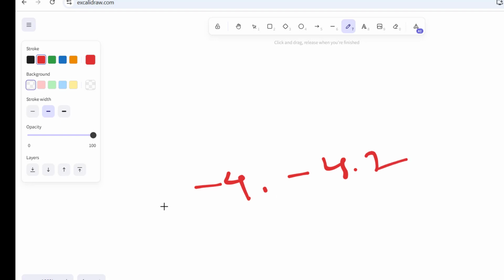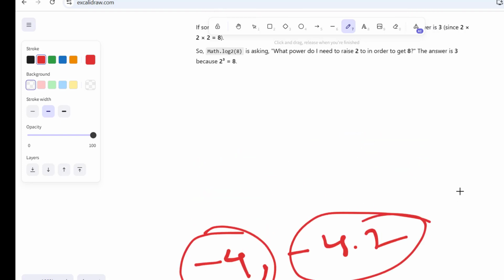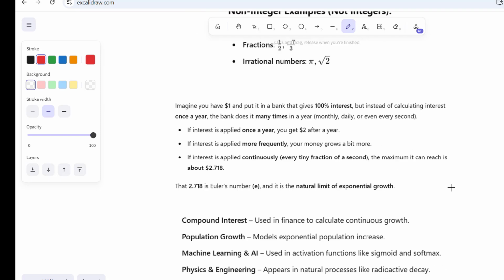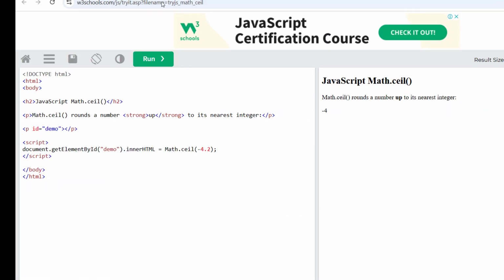Write down in the comment box and I'll message you afterwards. So basically it's showing minus 4 and it's going upwards. As it is ceiling, it's going upwards.